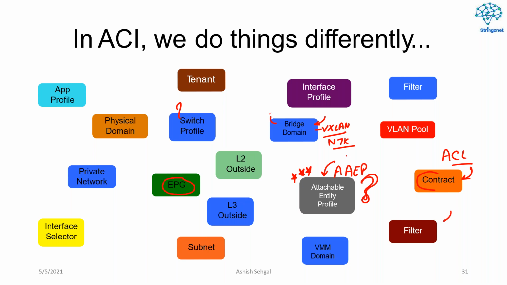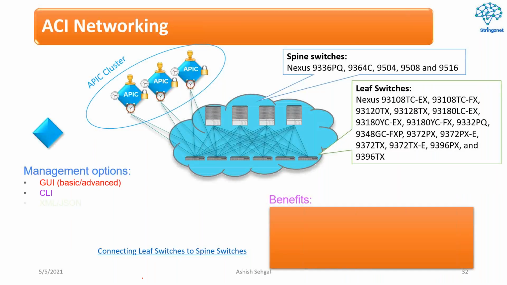Another terminology called filters, which is going to be associated to the contracts, subjects, etc. Over here, the subnet terminology will be different from the subnet we do understand. So we will be looking at these terminologies slowly.